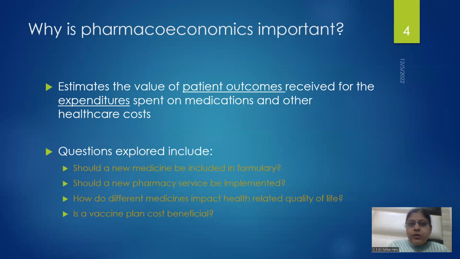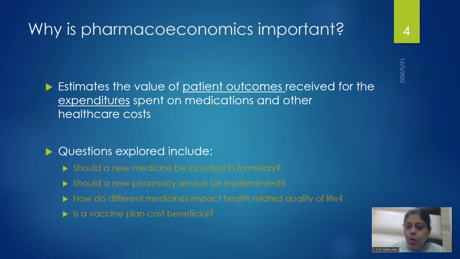So, why is pharmacoeconomics important? It estimates the value of patient outcomes received for the expenditure spent on medications and other healthcare costs. It estimates the value of patient outcome, for example the systolic and diastolic blood pressure in a hypertensive patient, against the expenditures.